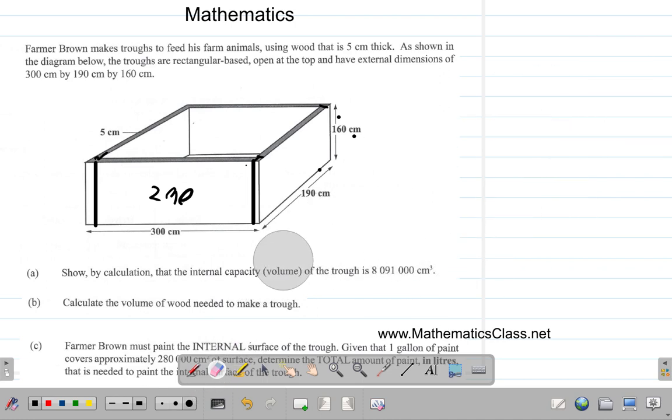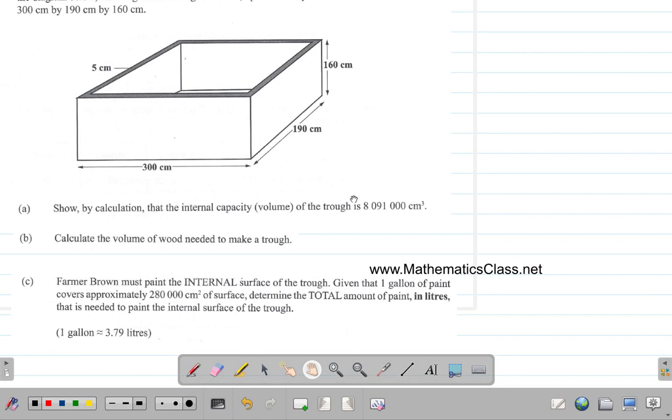Now the wood needed to make the trough: you have the one on the left, and you have the one on the right too.